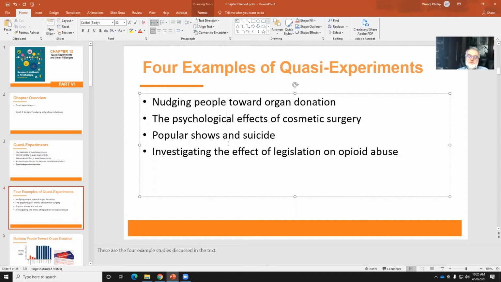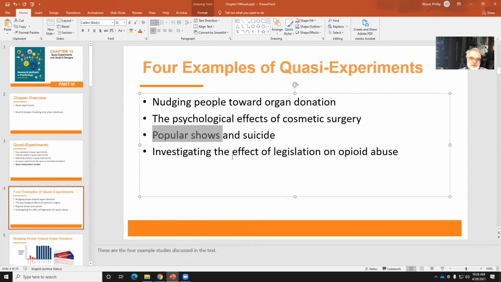Similarly, people do cosmetic surgery to feel better about themselves. As you can probably tell, I had something like that. It didn't quite take. But are there the promised effects from cosmetic surgery? In this age of the internet and public media, when you glorify or talk about an issue like suicide, is that going to have an effect on the population?